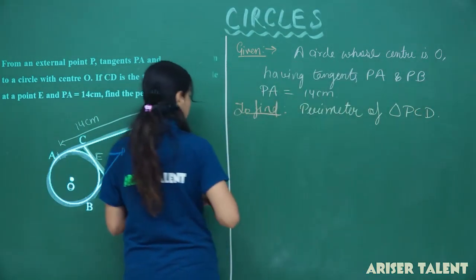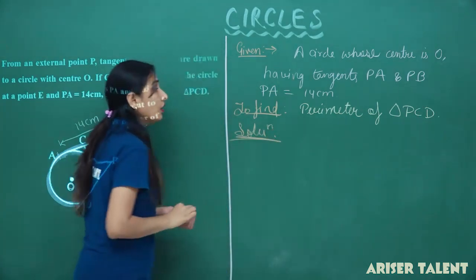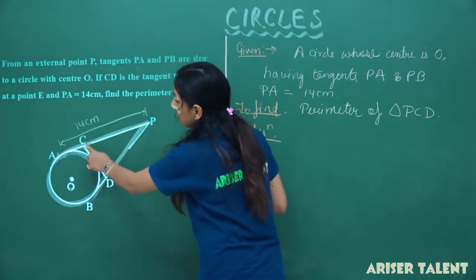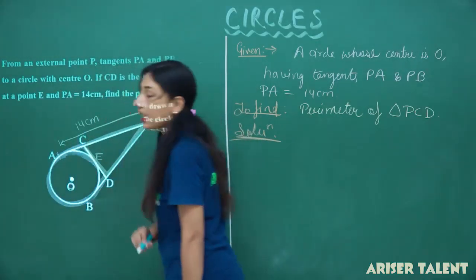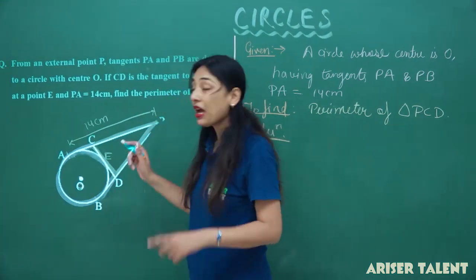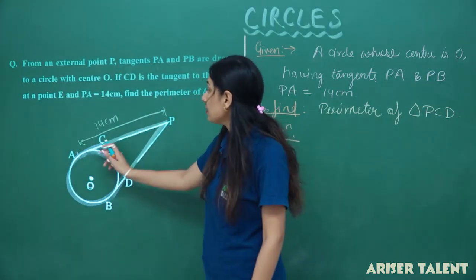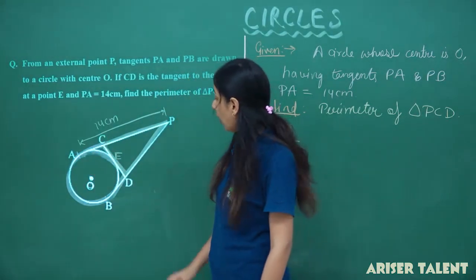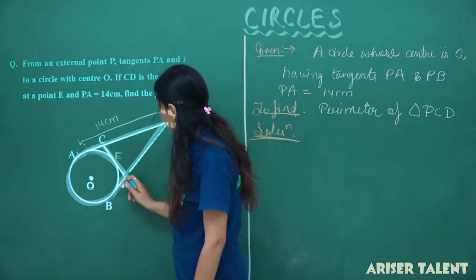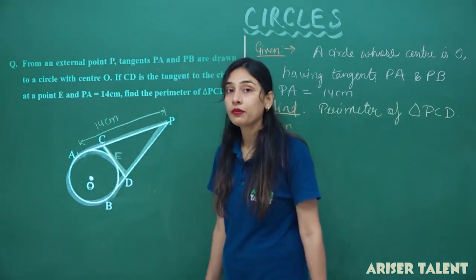Now the solution part comes. In the solution, I am using this point C as an outside point, and from C I have two tangents, CA and CE. If I treat point D as an outside point, from D I have two tangents, DE and DB, isn't it?